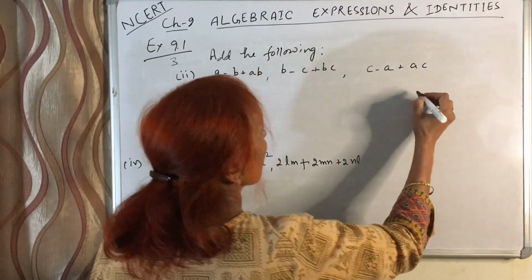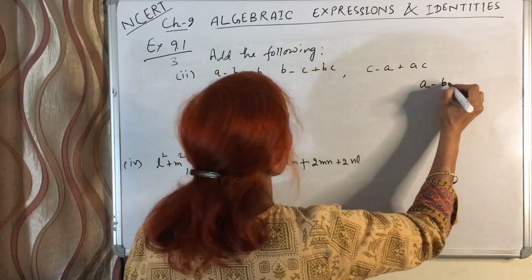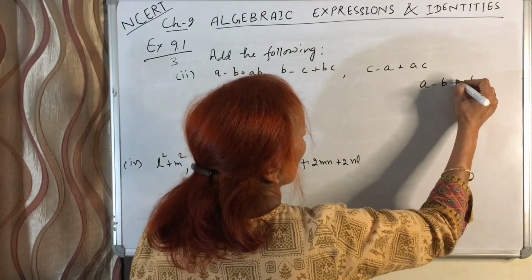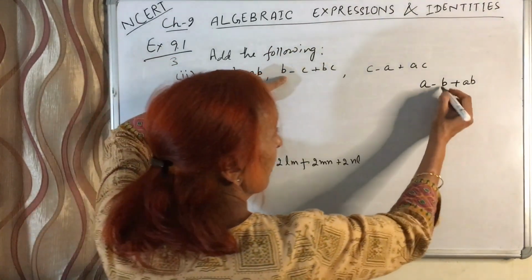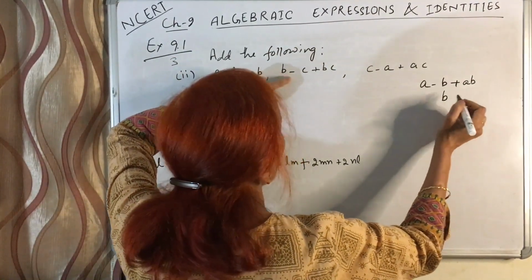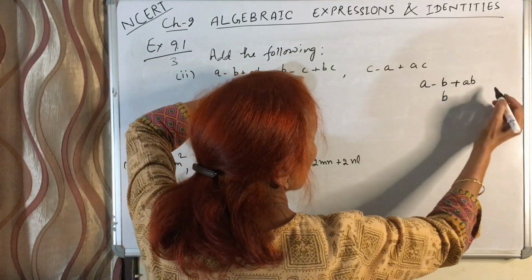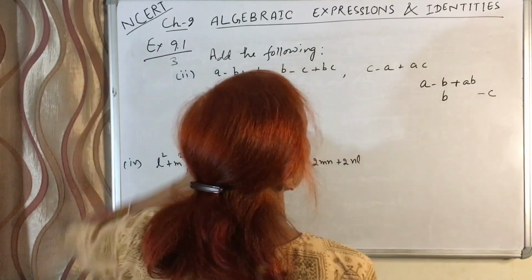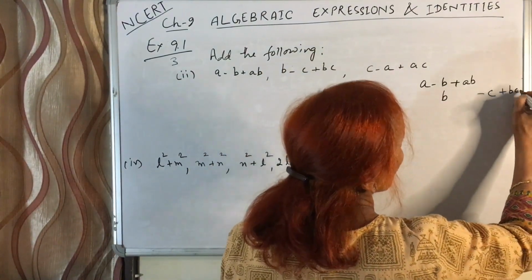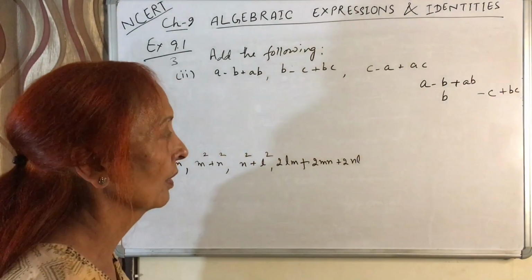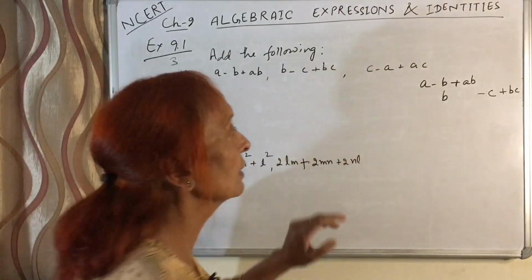So first term is a minus b plus ab. Next is b minus c. So b we will write below b, minus c. No c is here in the first term, so I will write here, plus bc. No bc is here, so I will write bc here. Next is c minus a.